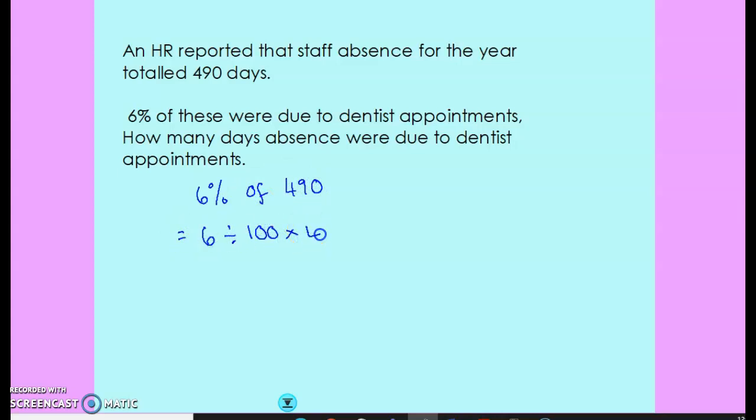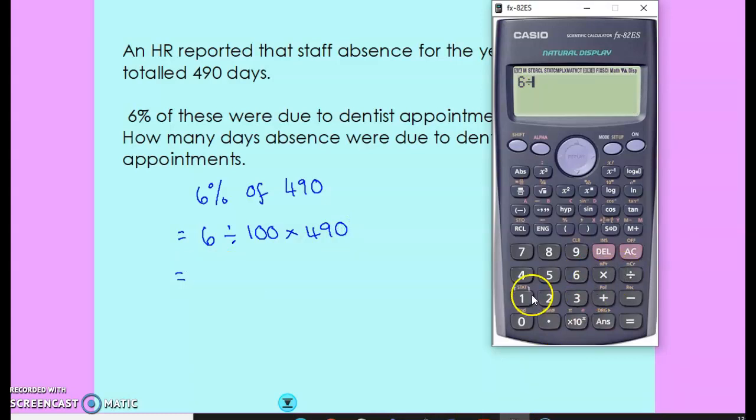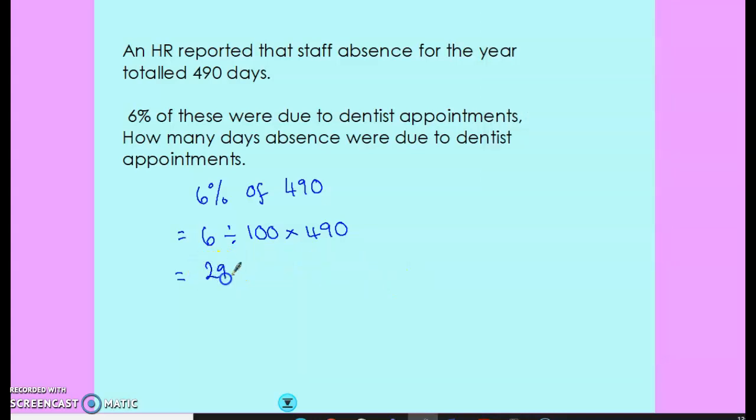So we're doing 6 divided by 100 times 490. And we get 29.4 days. Now we can't get 0.4 of a day, so we would call that 29 days.